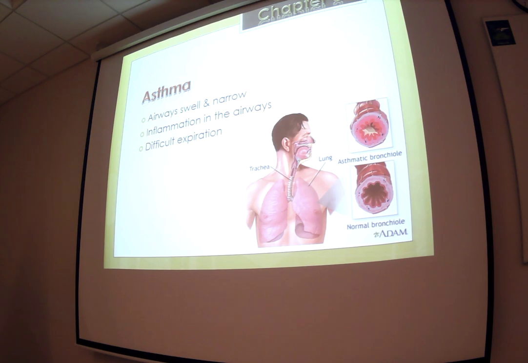Asthma is just a narrowing of the airway due to swelling. It's usually a response to allergens, dust, mold, animal dander. This is termed an extrinsic response. If it is due to exercise, heat, or cold, or any emotional issues, it is termed an intrinsic response.